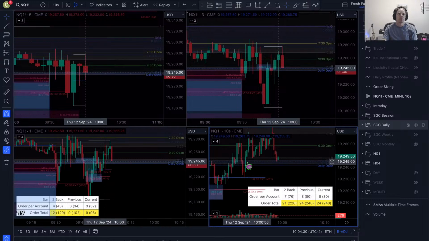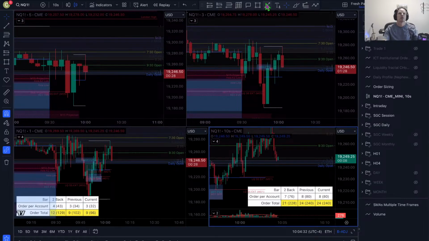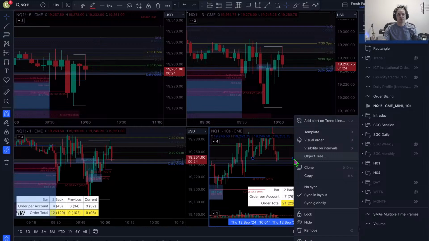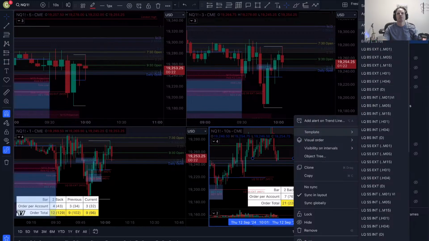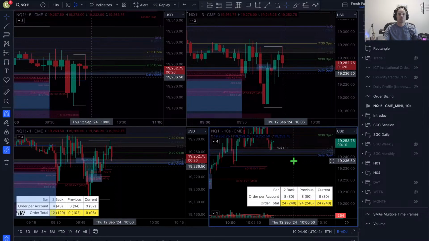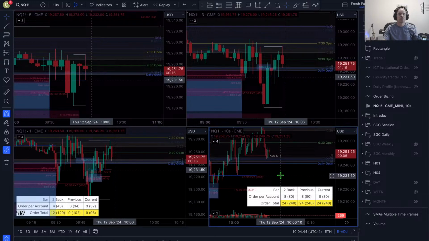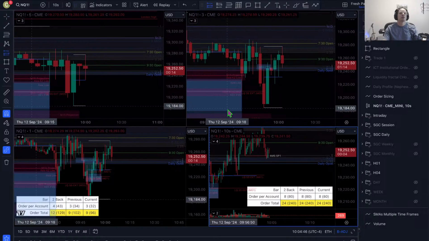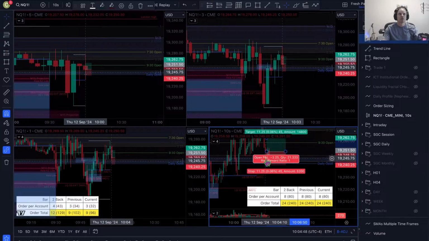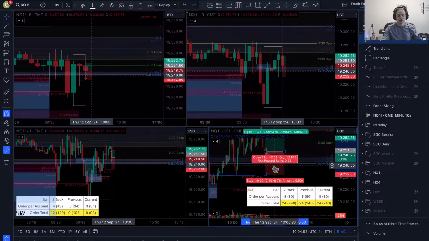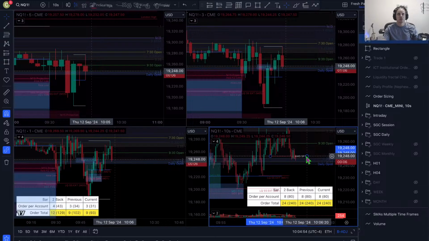This would technically be AMS out of here if we hold this fair value gap. It's a decent trade, really. Take this trade as such. But that made a lower low, so it's not going to be AMS.